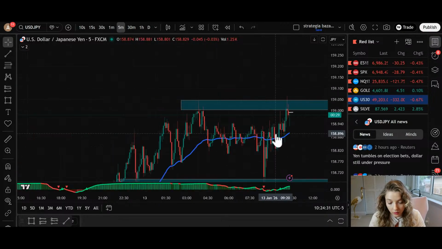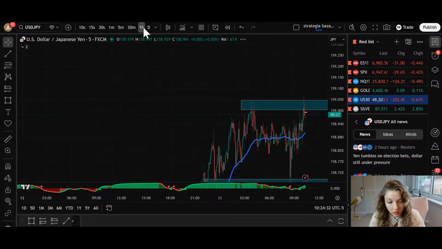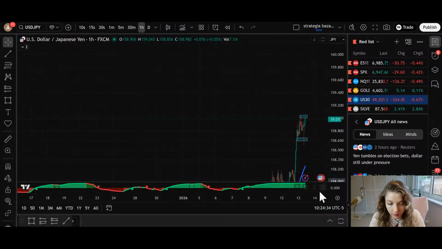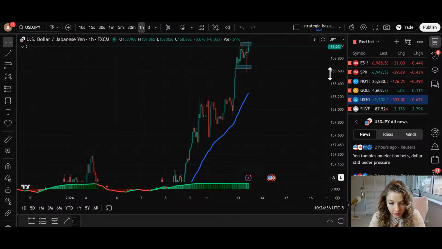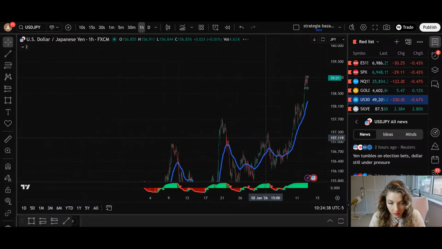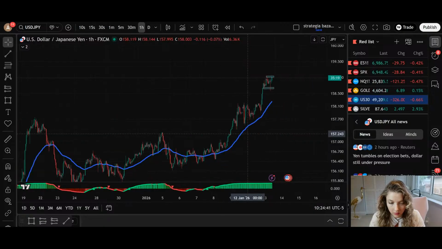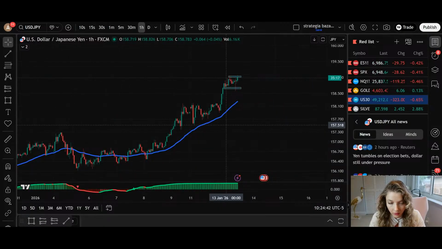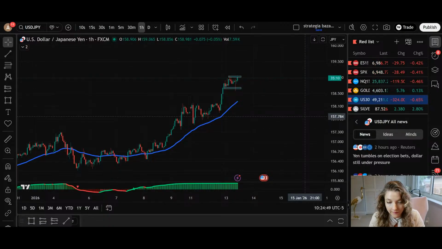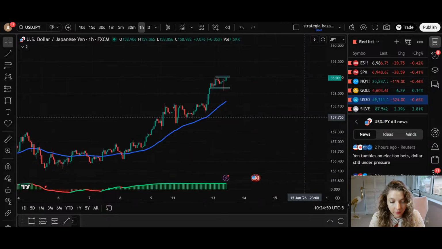If you just wait to break it, you know how this instrument moves better than me. Look how nice it is here, uptrend. You can see price go up, it consolidates, goes up, hopefully consolidates, goes up. It's the flag pattern.